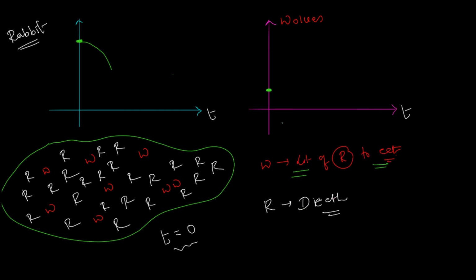In the meantime, while the rabbits population is decreasing, wolves are flourishing, and these are not exact correct lines, but somewhere basically the wolves population is increasing.